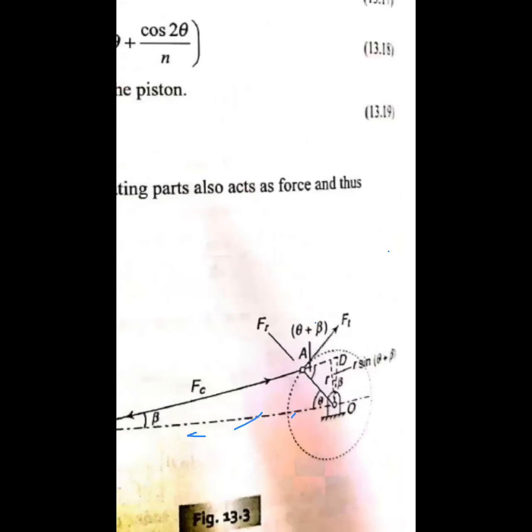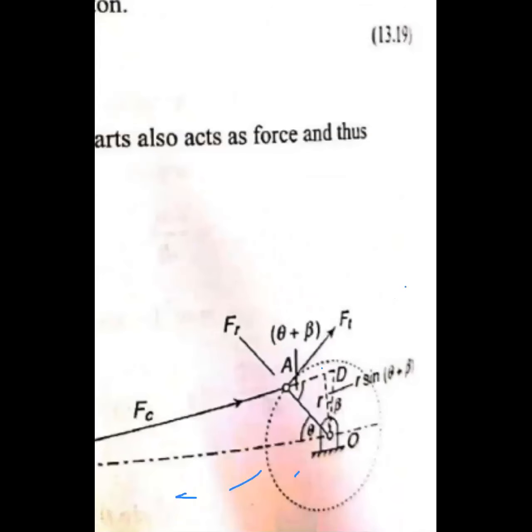Where do we get R sin theta plus beta? Observe the diagram. All of you observe this line, which indicates R sin theta plus beta.